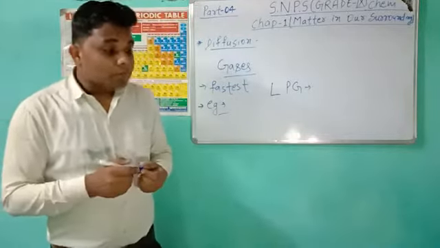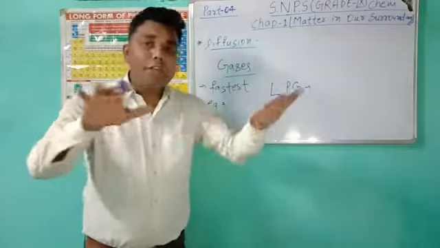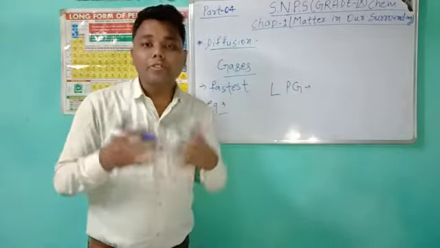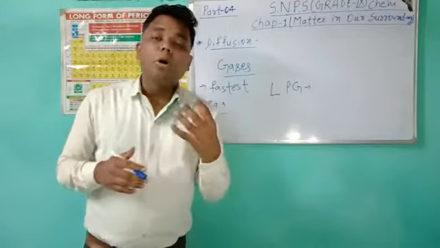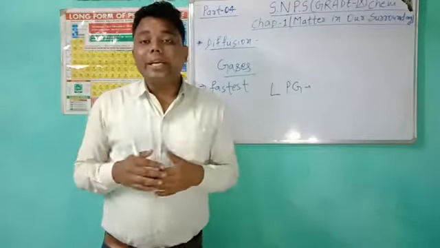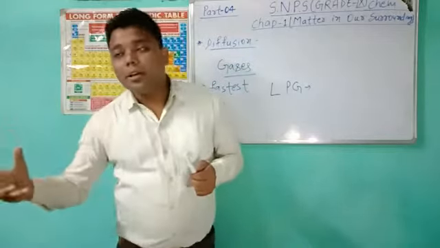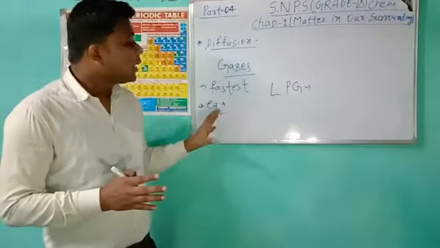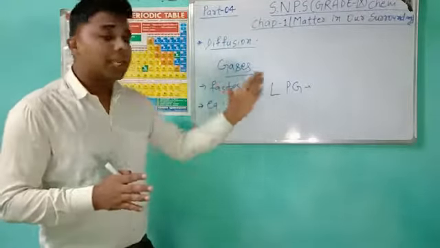So if somewhere in our house the LPG is leaking, if we smell the special type of smell of LPG, then we can easily detect that LPG is leaking. Okay, so these are some examples of the process of diffusion in gases.